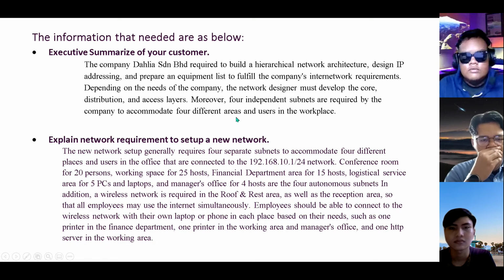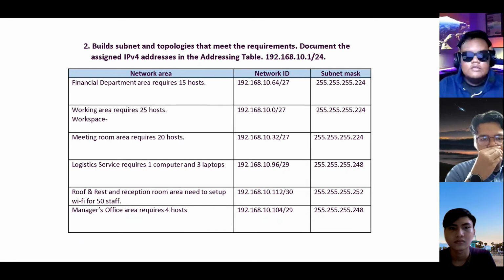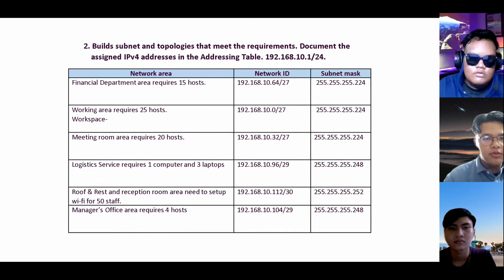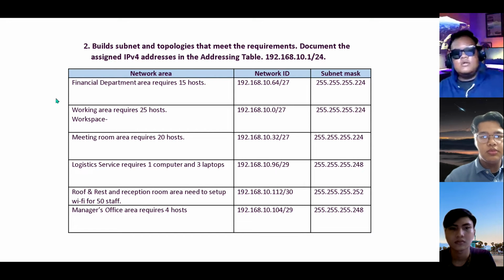Next, the task that we should do: build subnets and topologies that meet the requirements, and document the assigned IPv4 addresses in the addressing table, 192.168.10.1/24. Okay, for the network area for the financial department, it requires 15 hosts.